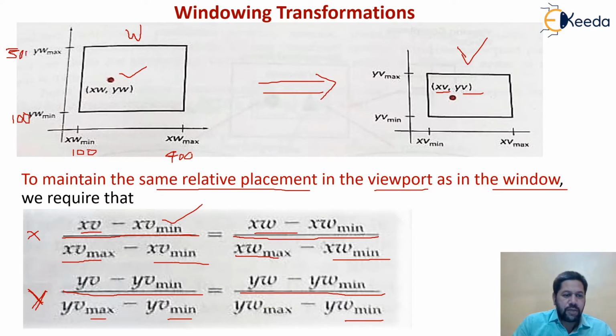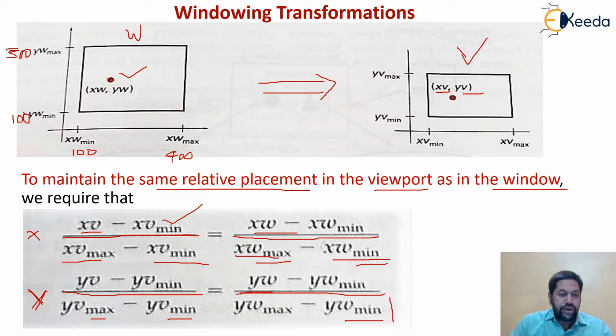You can find the difference between yw maximum and minimum, which is 200, so I divide by 200. For x, xw maximum minus xw minimum, 400 minus 100, is 300. So this difference is 300 and this difference is 200, and respectively I'm doing it.